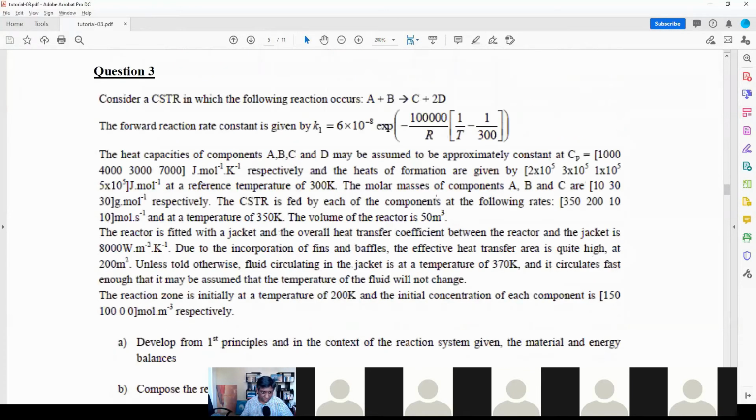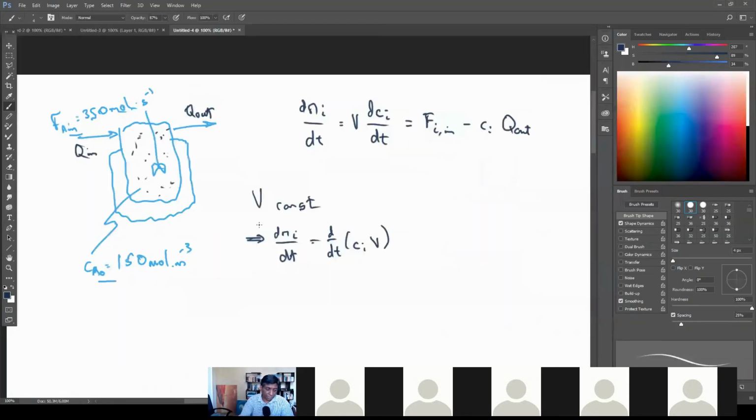I don't think it says it's elementary, but if it doesn't say it's not elementary, and if there's no further information given, then the best thing you can do is assume it's elementary. So we have to state that as an assumption. Assume elementary.